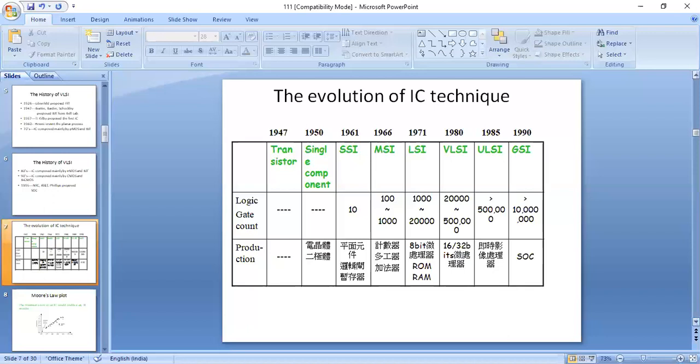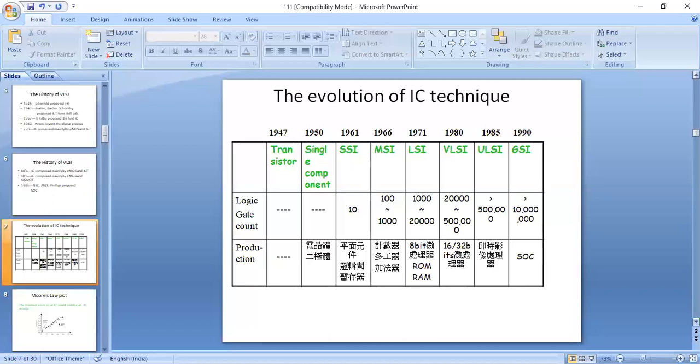So this essentially has been classified into two branches, MOSFET and BJT.